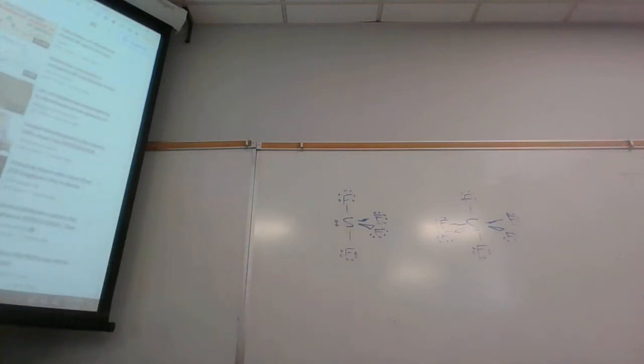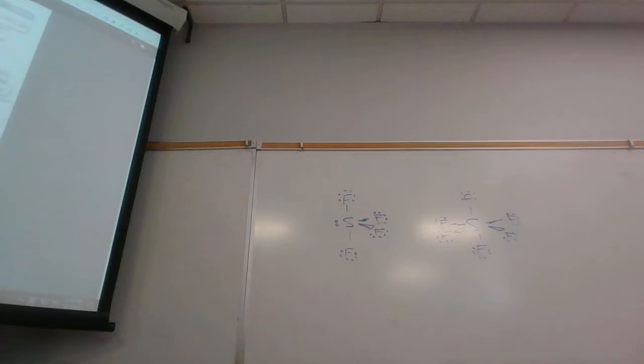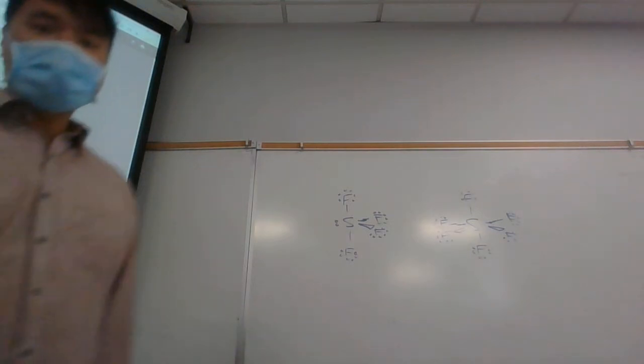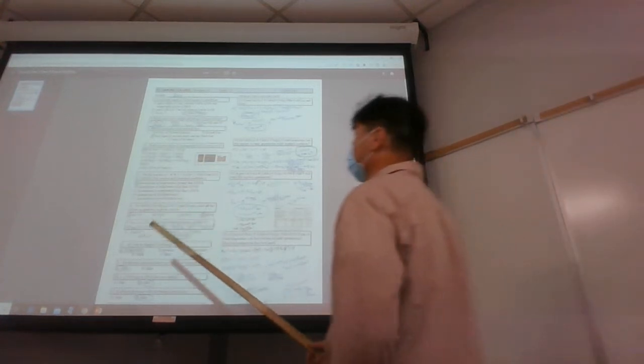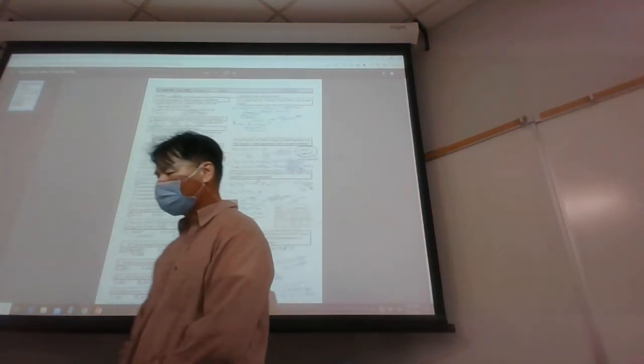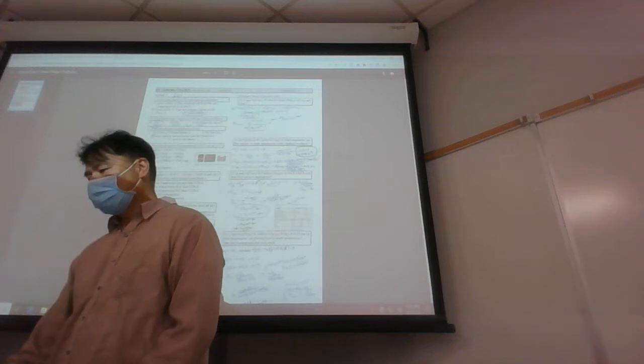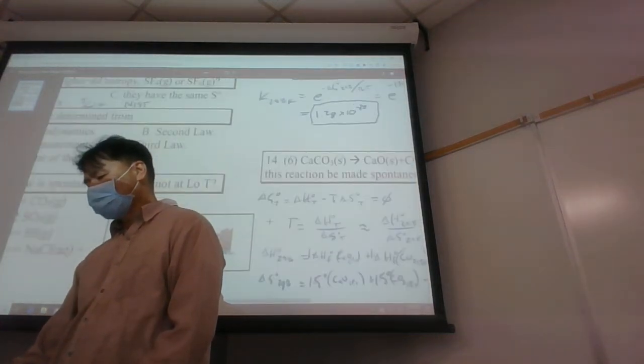But on the test, I don't expect you to know, but sometimes you have to worry about the actual data. So on this particular problem, I didn't mark off when I graded this last year, but based on what we know on the trends that we observe, we would say SF6 has a higher entropy. But when you look at the actual data, it conflicts.